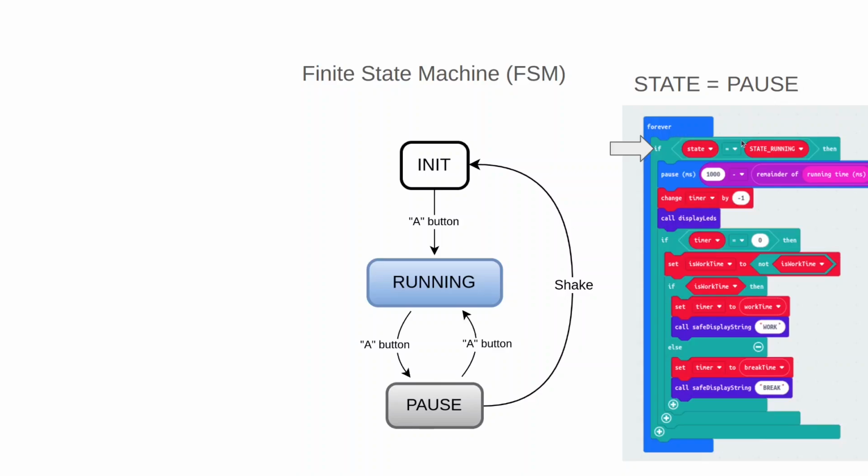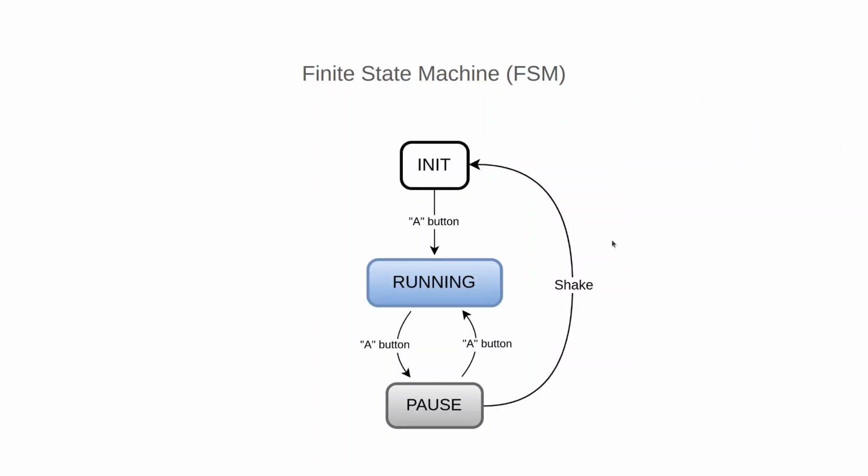But let's try to rearrange this a little bit so it works differently. If we go and change our running state to delay state and introduce another state that is called tick, we can basically separate the pause block from the other blocks that are called in running state.